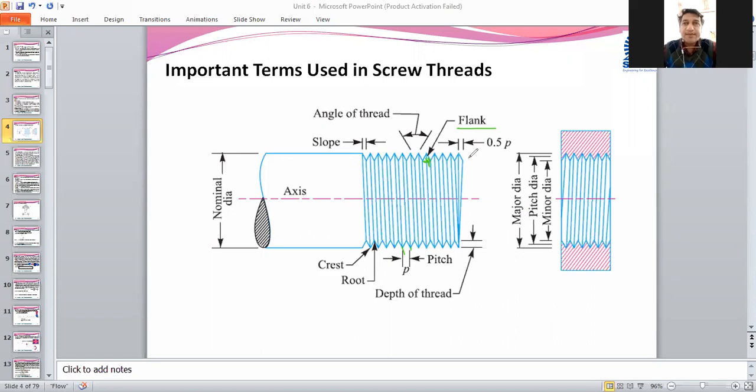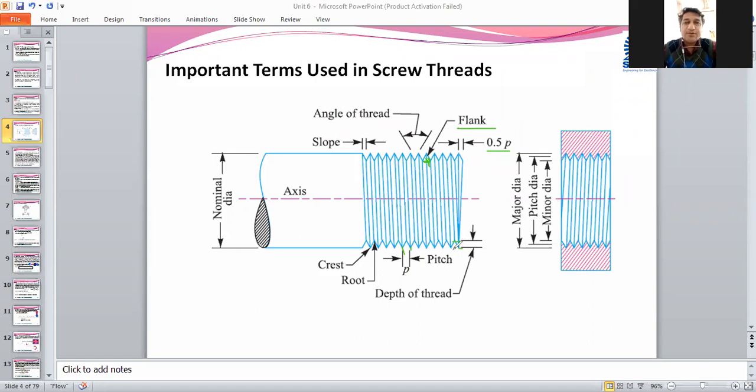Then this is the starting point, which is normally taken as 0.5. That depends upon the type of thread. It is not that important. Then the depth of thread is nothing but the difference between major diameter and minor diameter divided by 2.